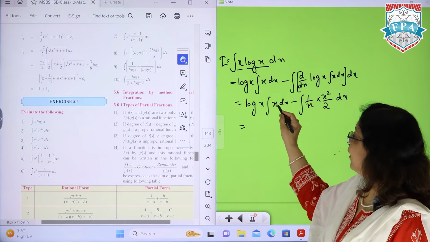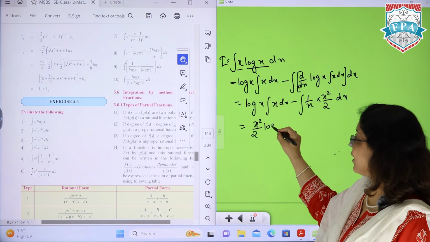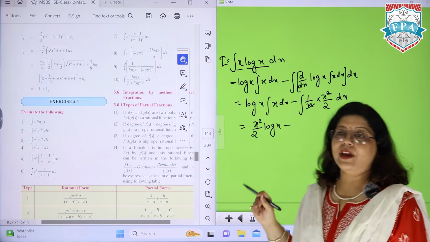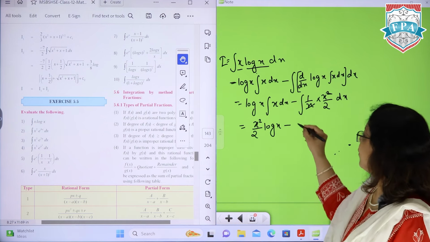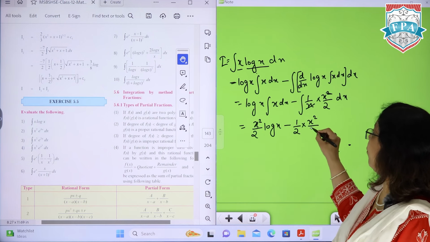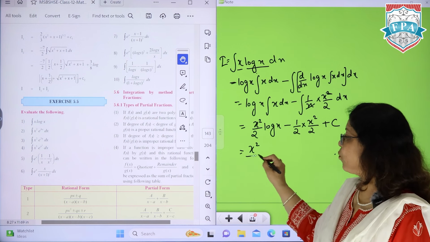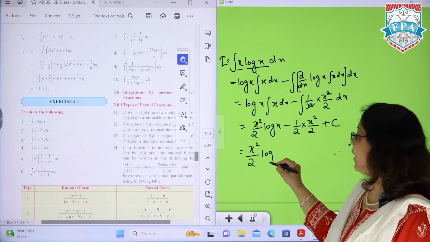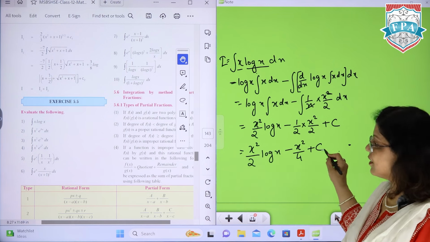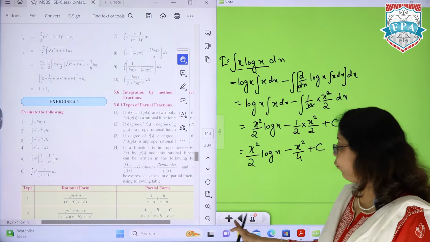So this becomes integral of x dx is x square by 2 log x minus, now यहाँ पे ये एक x cancel हो गया तो we are left with x by 2. So it is 1 upon 2 multiplied by x square by 2 plus c. Or the final answer will be x square by 2 log x minus x square by 4 plus c. So this is how we'll be applying the UV formula.